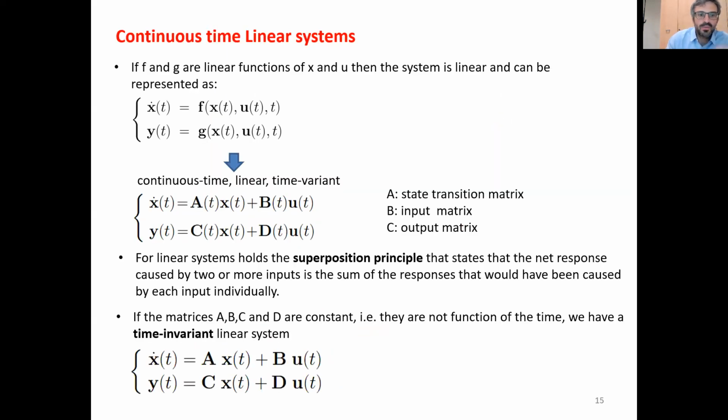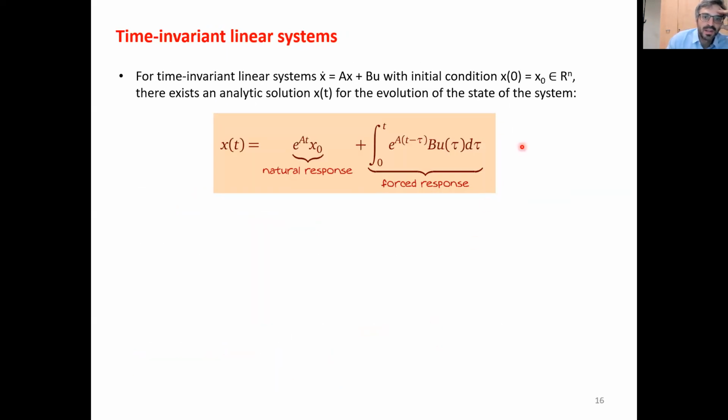And in case of time invariant linear systems, with a certain initial condition, we said that there exists an analytic solution for the evolution of the system that has this shape. This is the state evolution, the trajectory of the state during time of all the state variables. There can be n state variables. And we have one part, this is the natural response, that depends on the initial state.